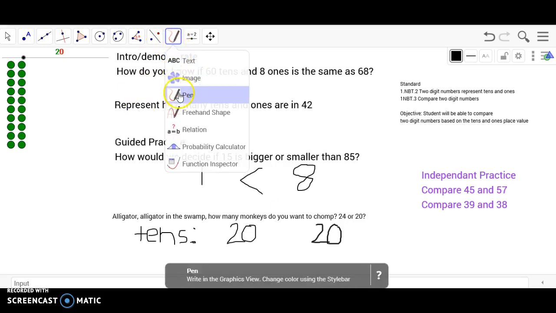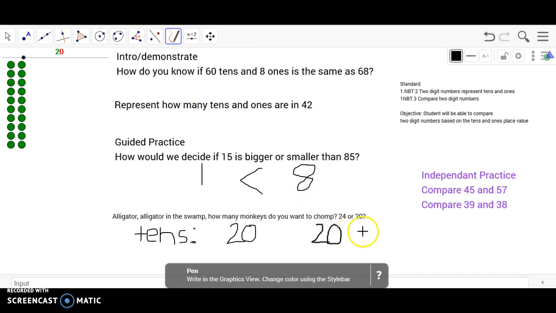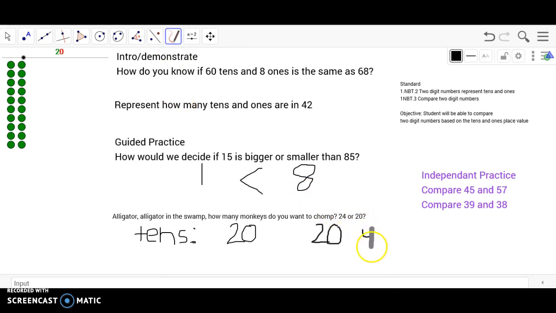So we would be comparing 4 and 0. What number is greater, 4 or 0? If you said 4, you are correct. So an alligator in the swamp would want to chomp 24 monkeys instead of 20.